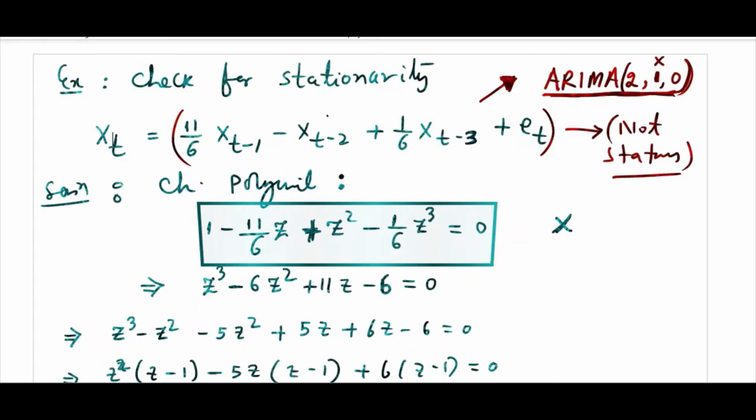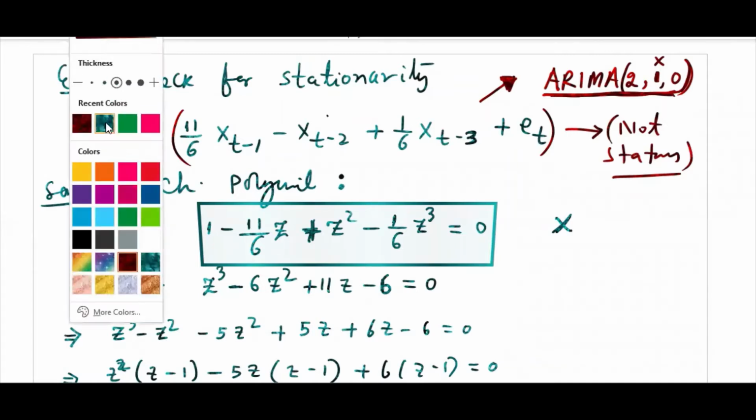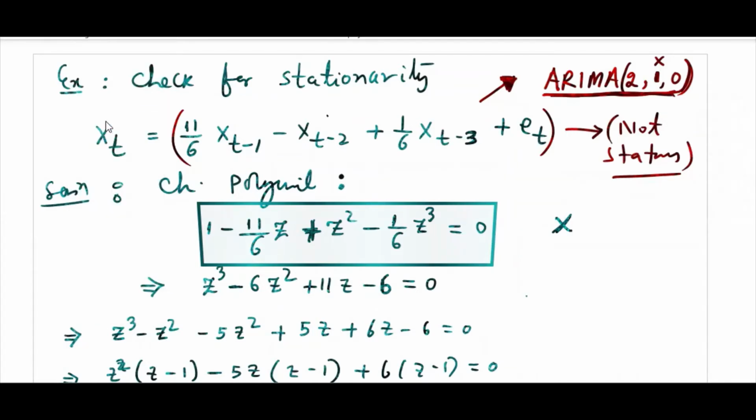If it doesn't become stationary, it will ultimately be ARIMA 5, comma 0, right? Yeah, it might not be, because there are other effects as well. We'll see later what will happen if you want to achieve stationarity. We'll go to that.